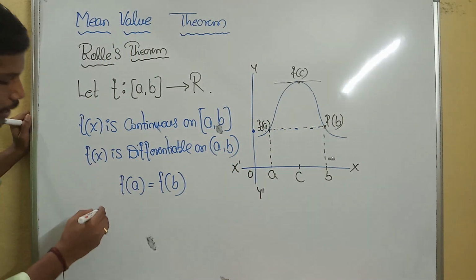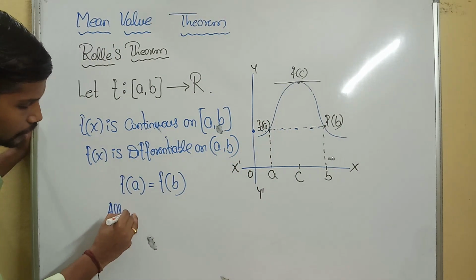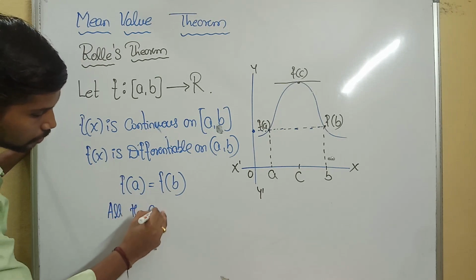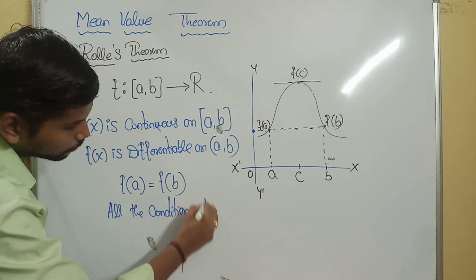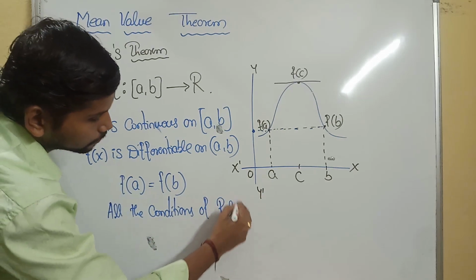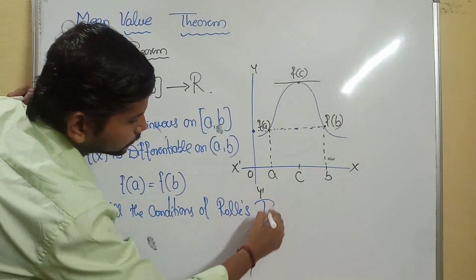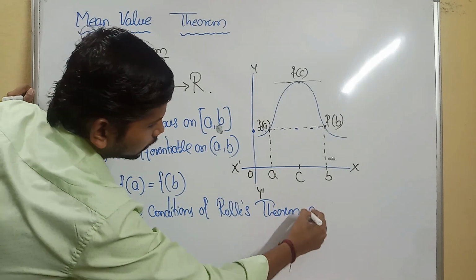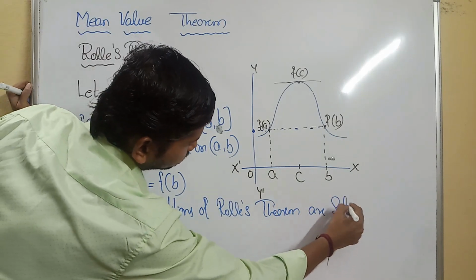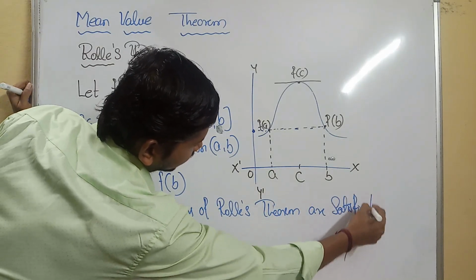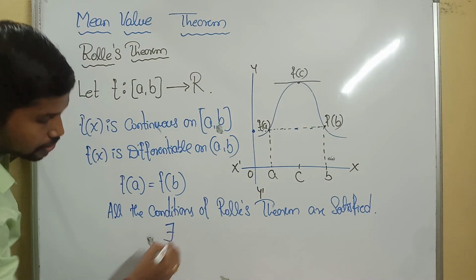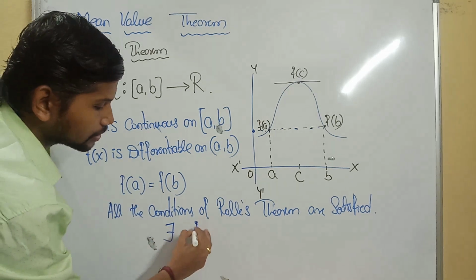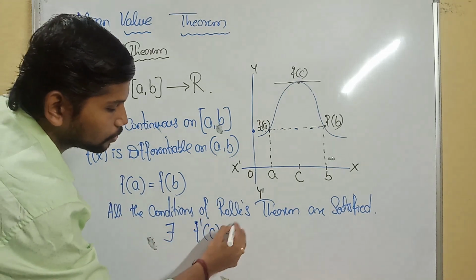Then all the conditions of Rolle's theorem are satisfied. There exists a point such that f dash of c is equal to 0.